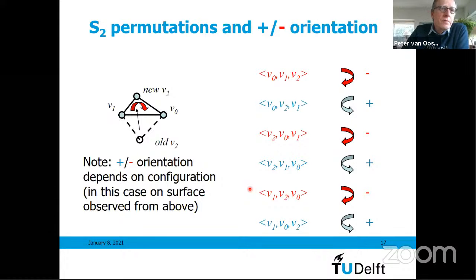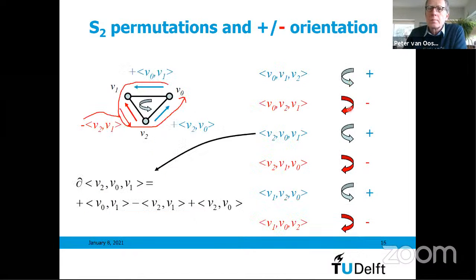If I just say V0, V1, V2, I cannot say which permutation is positive or negative, or clockwise and counterclockwise. That depends on the configuration or the actual position. So if I swap V2 from the position here to here, the orientations are also swapped.